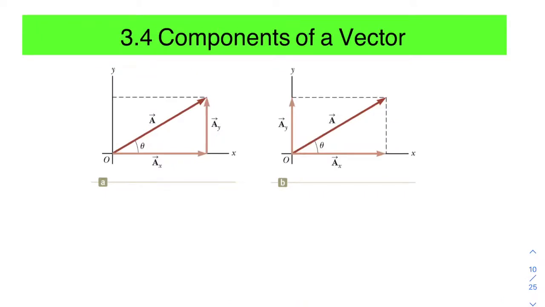3.4 components of a vector. Let's say you have a single vector, okay, where you have A only here. For a single vector here, actually you have a combination of AX and AY, where the A is covering certain angle theta from positive x-axis. You may rearrange the position of the AX and AY, for example, to this position for AY. Instead of putting it here, you may switch it or rearrange it to this position.